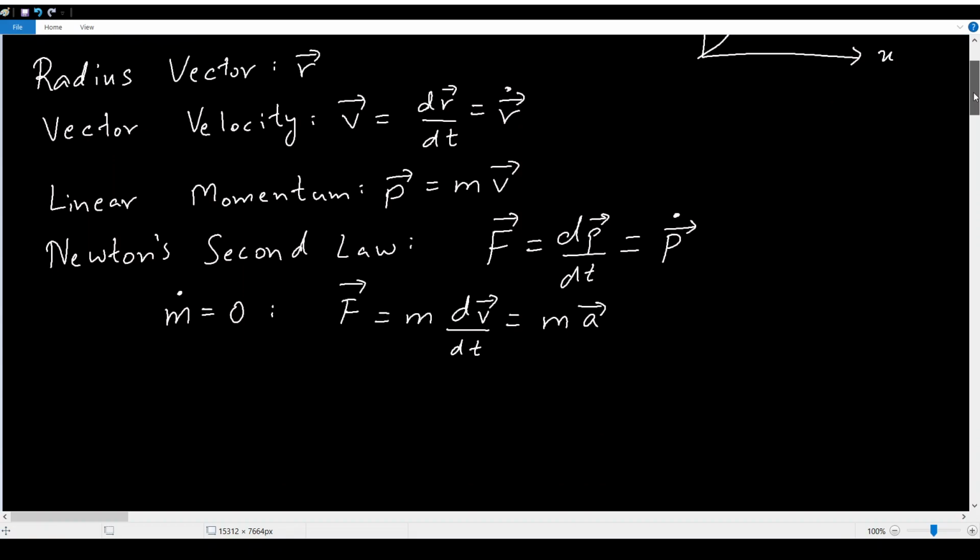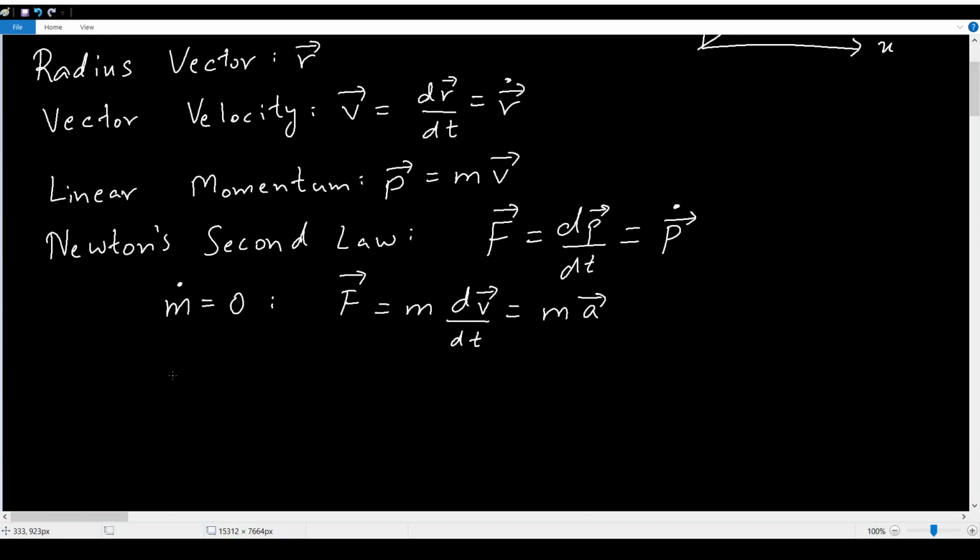Now, what we can further do is observe that if the net force on the particle is zero, then p dot, or dp/dt, is zero.